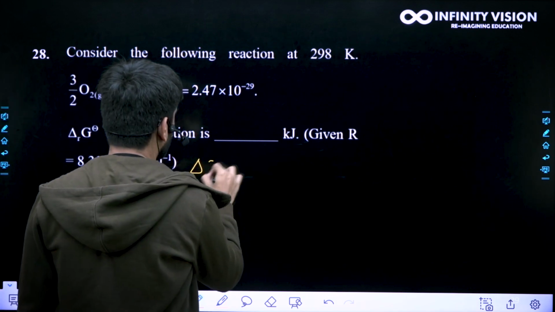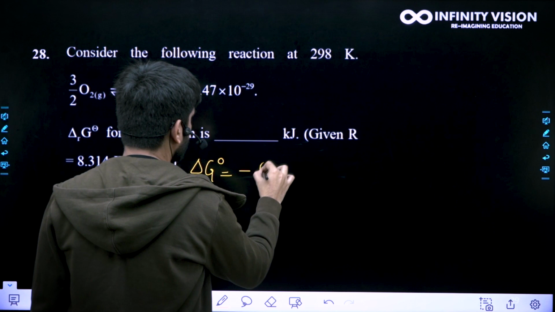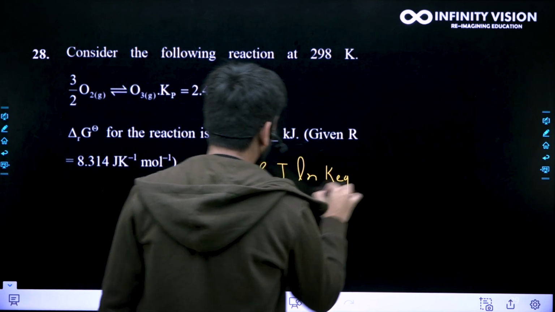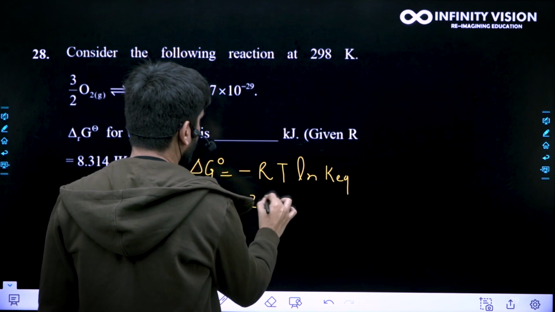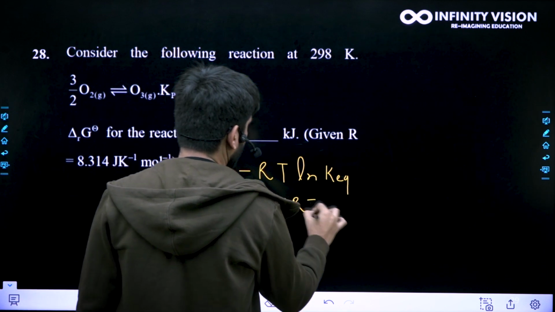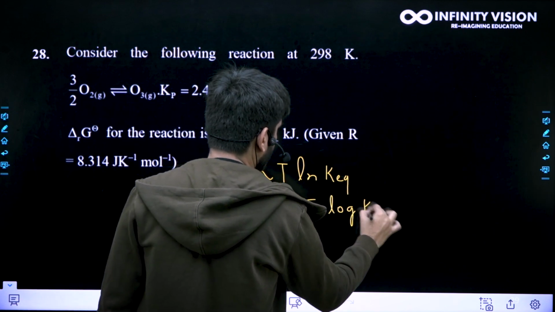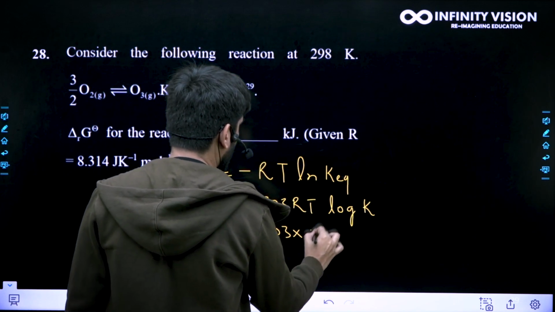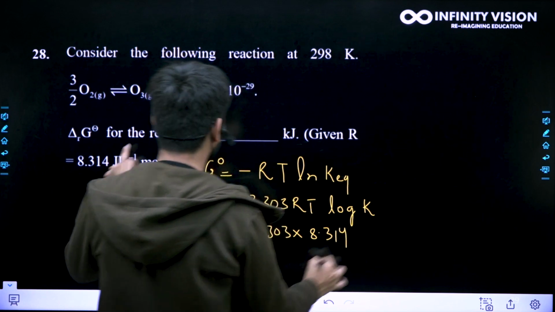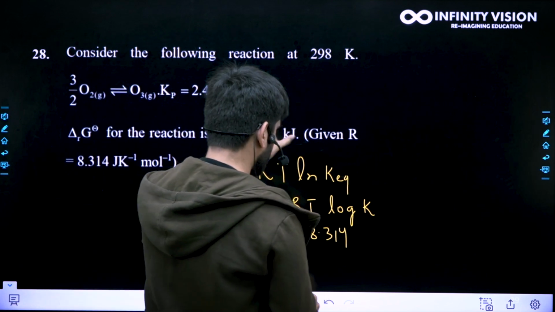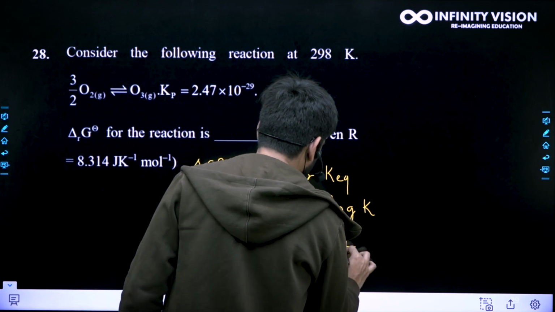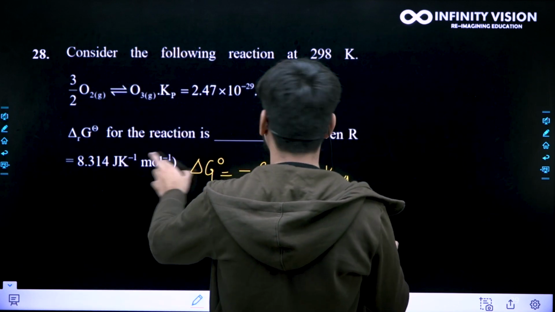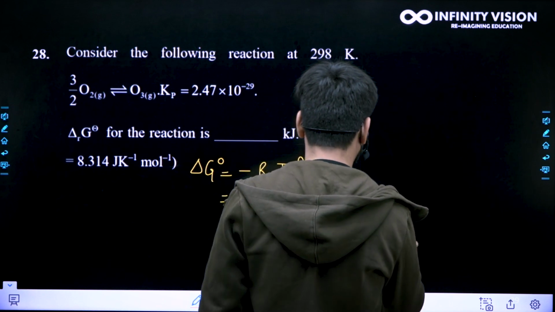The question is based upon just one formula, that is delta G naught equals minus RT ln of K equilibrium, right? We can write it minus 2.303 RT log of K. Now minus 2.303, R is 8.314. Since we need the answer in kilojoule, let us divide it by 10 to the power 3. What do we get? Temperature is 298 Kelvin.